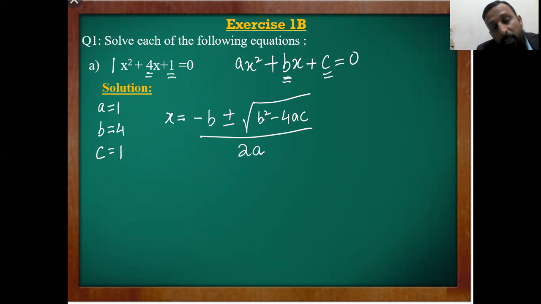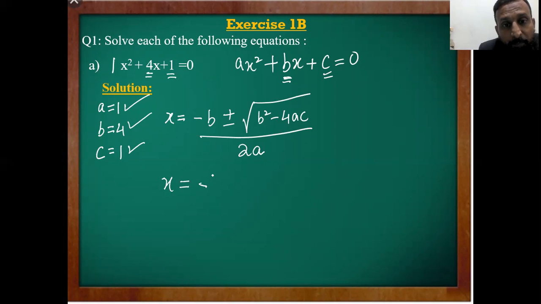Boys and girls, you need to memorize this formula. Now we need to plug in the values of a, b and c: a is 1, b is 4, c is 1. Make sure you use brackets to plug in these values.